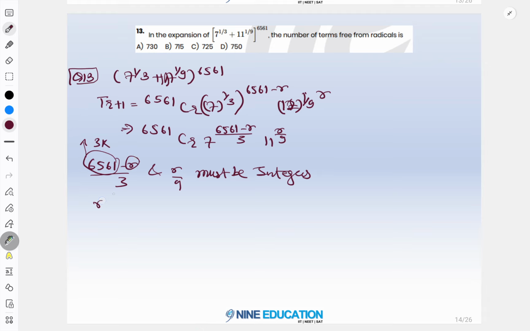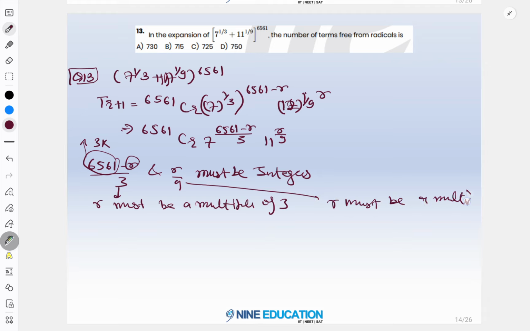So from this, r must be a multiple of 3, and from here r must be a multiple of 9. Since r is a multiple of 3 as well as 9, the intersection is that r must be a multiple of 9 clearly.